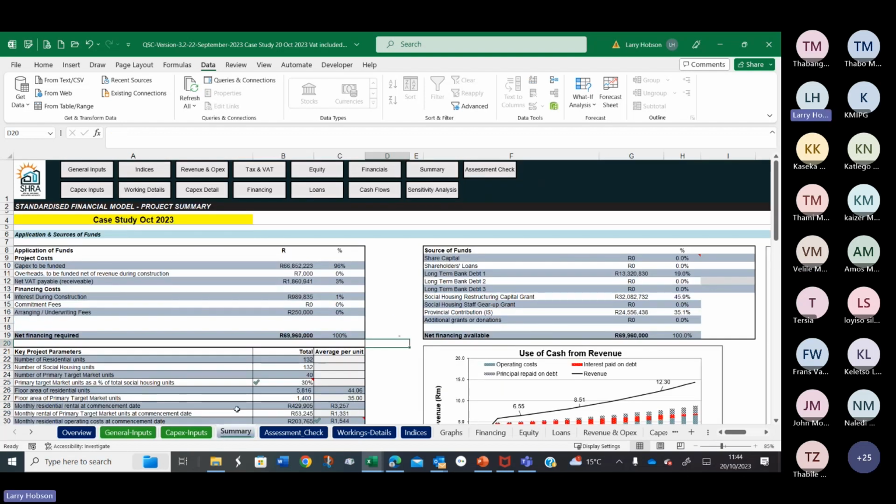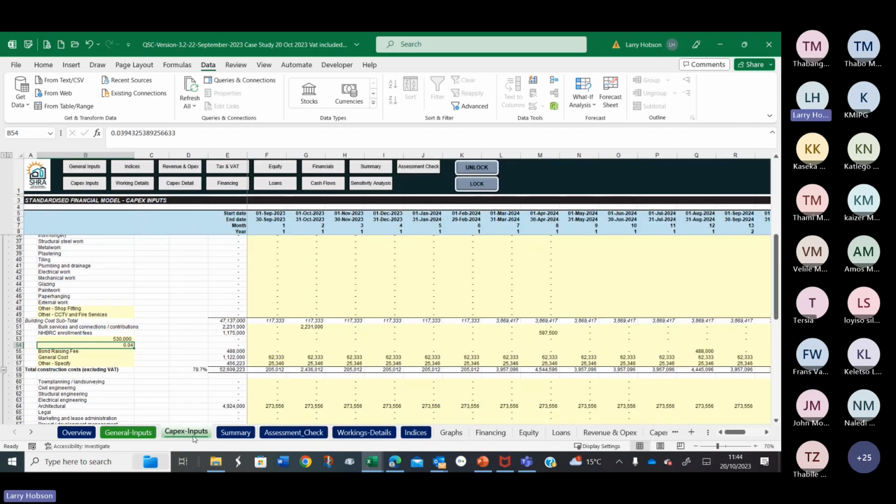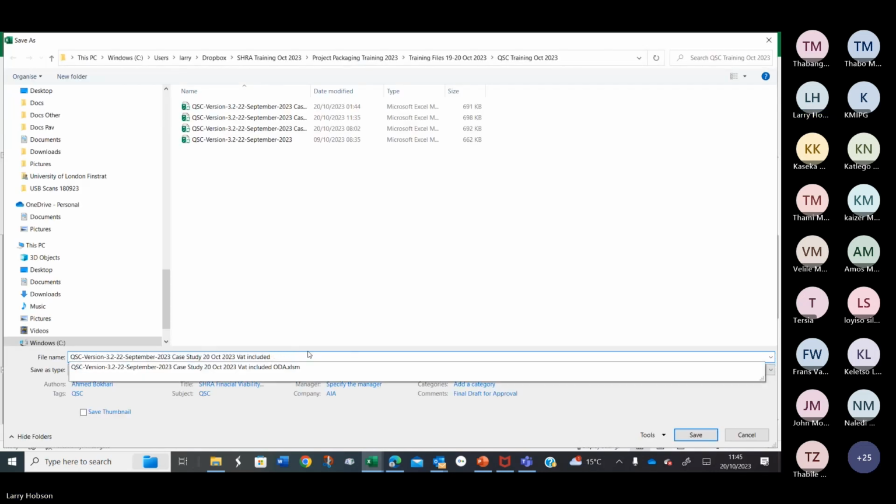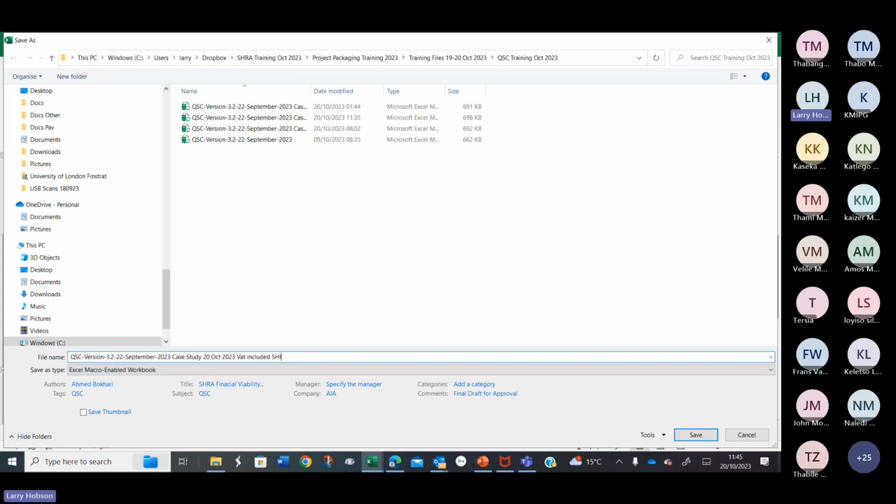I'm just going to save this file as it is. This is ODA. This is SHI. SHI VAT vendor.